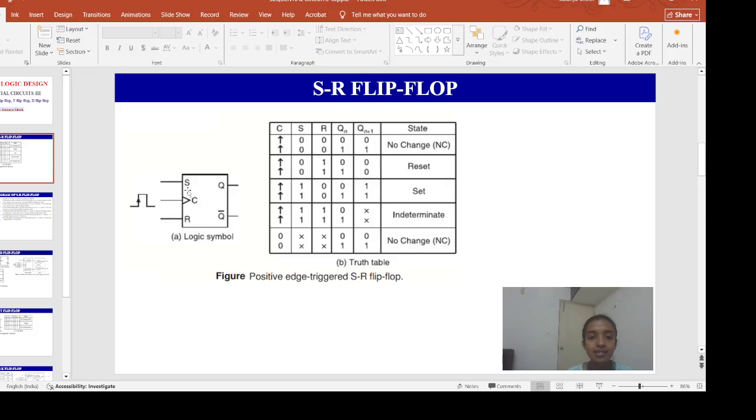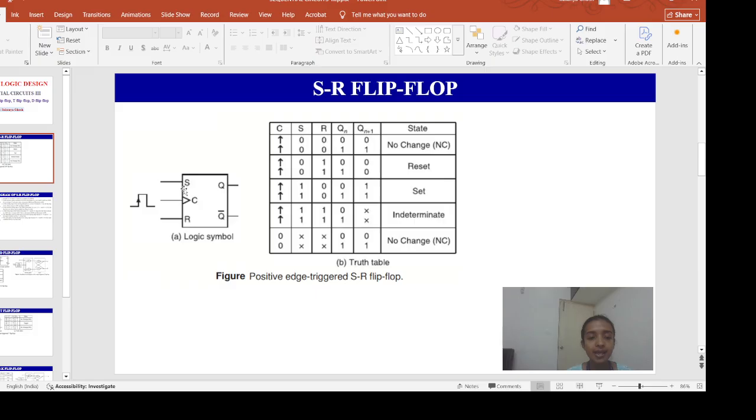When S is high and R is low, the Q output goes high on the positive edge of the clock pulse, and the flip-flop will be set. If it is already in the set state, it remains in the set state.